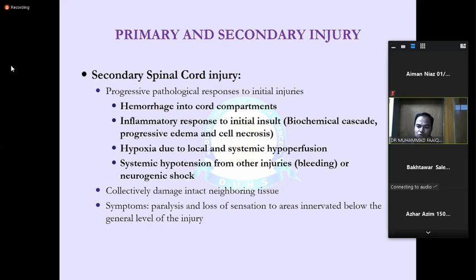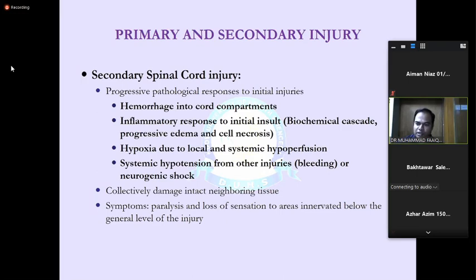But if you do not give proper attention to these complications, primary as well as secondary spinal cord injury will result in massive damage. So there may be a small damage because of the primary spinal cord injury, because of the impact, but after that the patient may develop hemorrhage, inflammation, edema in the spinal cord.